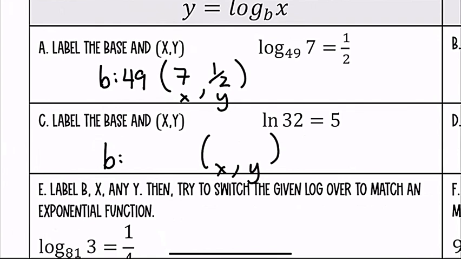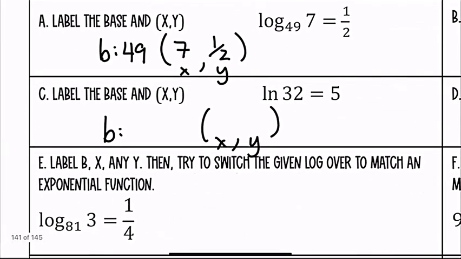And this ln stands for natural log. So ln equals natural log. And natural logs have a base of e. Remember, e is that number we learned about during our word problems. It indicates continuous compounding when you're looking at word problems. And e is really similar to pi. It is a letter that represents a specific constant number, and e is 2.718 and some change.